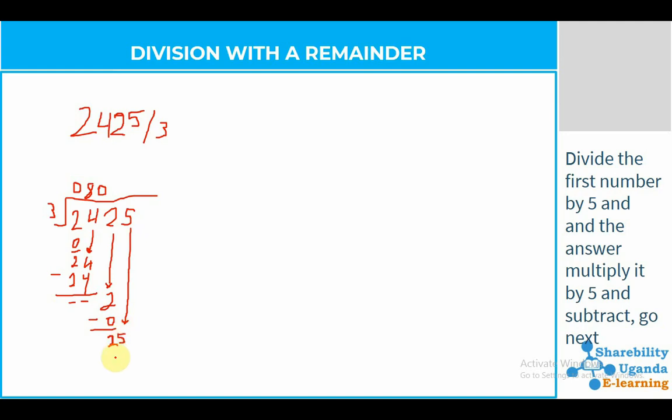So 25 divided by 3, you get 8, remainder 1. So here we write 8. What is 8 times 3? You get 24.